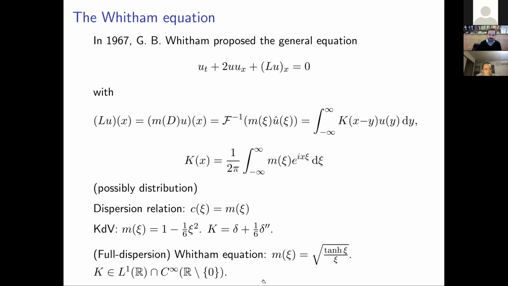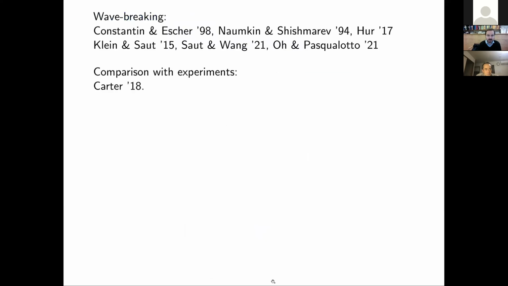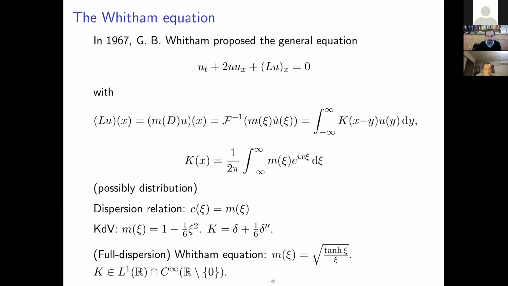Mats already said a few things about this symbol, and I will repeat a bit of what Mats said and give some more information later. What I can say right away is that the kernel is a function which is integrable and smooth outside the origin.